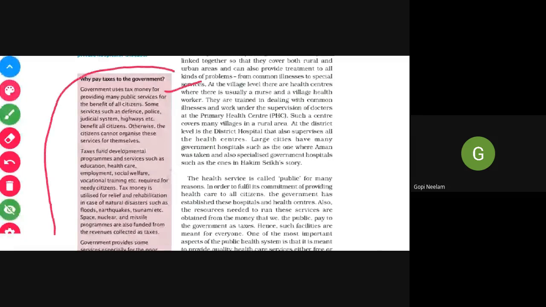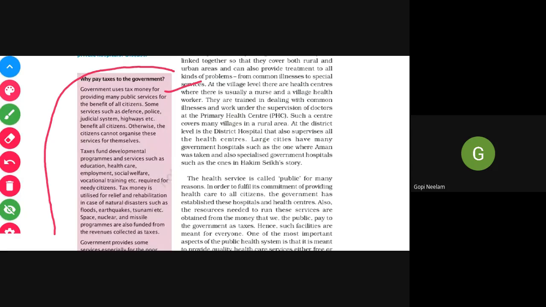Even if we try to organize, people who have influence and more power will misuse it. So that's the reason we need an organization that can act on behalf of the people. That's what the government is doing.